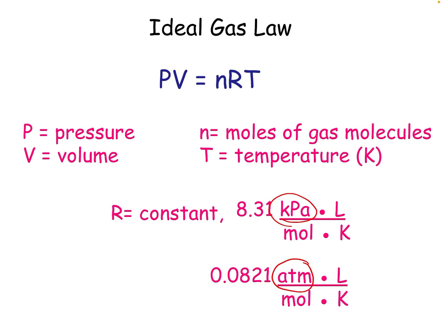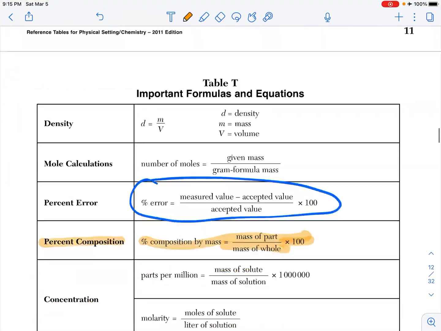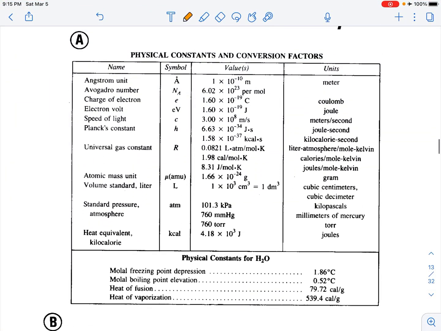If you have torr or millimeters of mercury, you're going to have to convert to one of the other ones in order to use it. And it doesn't matter which. I know chemists prefer one and physicists prefer another, but it doesn't really matter. These values are on the honors reference table. So here we have the universal gas constant, R. We have this and this.